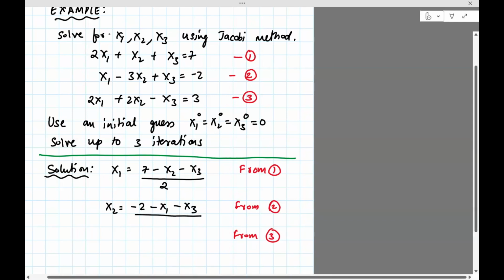The x2 remains there, and then divided by -3, and then x3 equals 3 minus 2x1 minus 2x2.